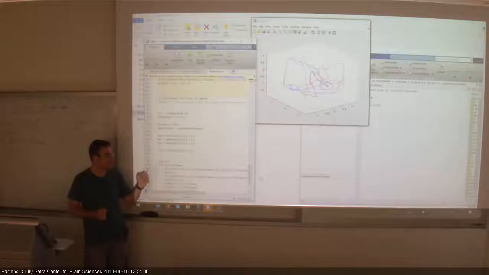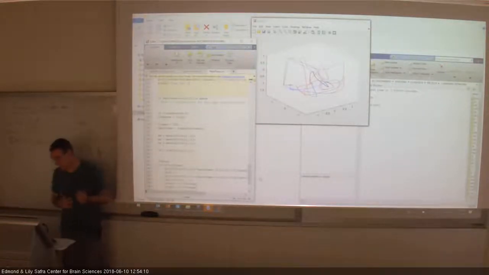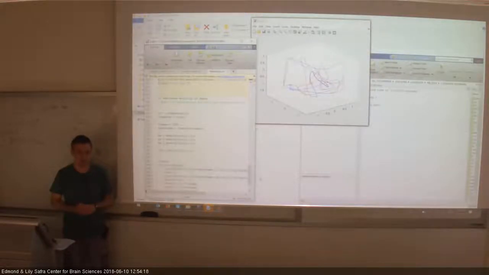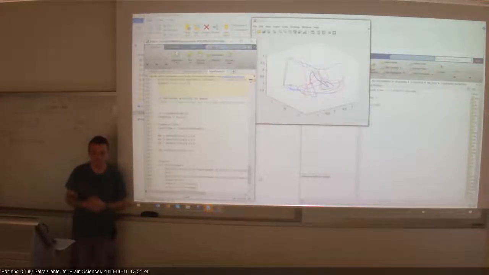But what we learn from these models is how changes to the connectivity are expected to affect the activity. So the question of the relevance to the brain is too broad a question.